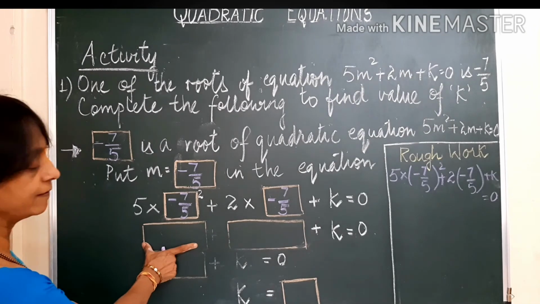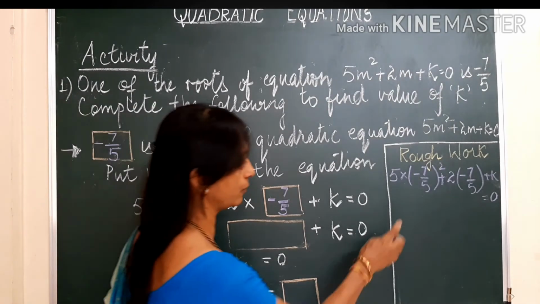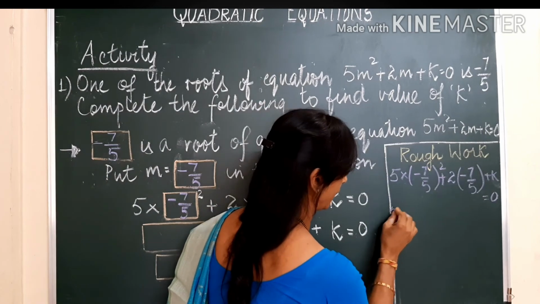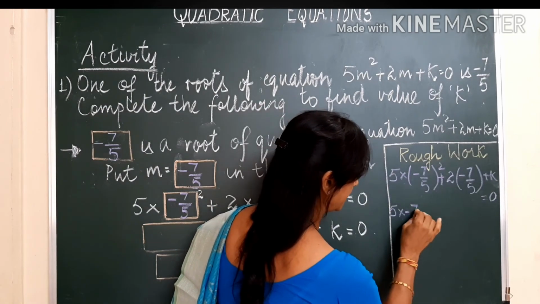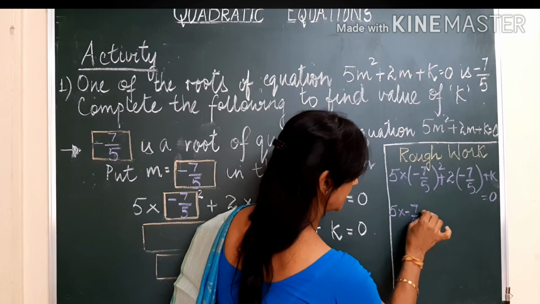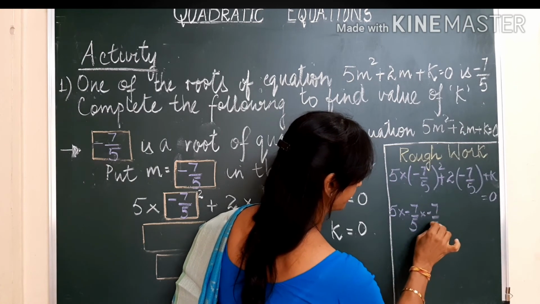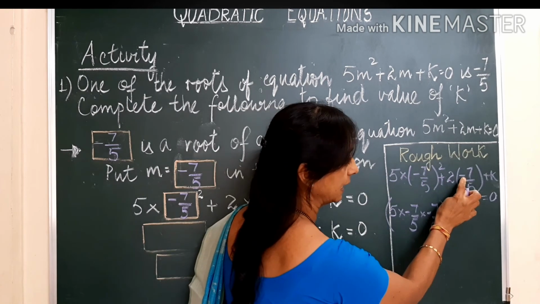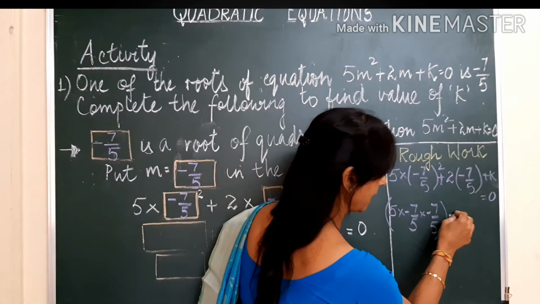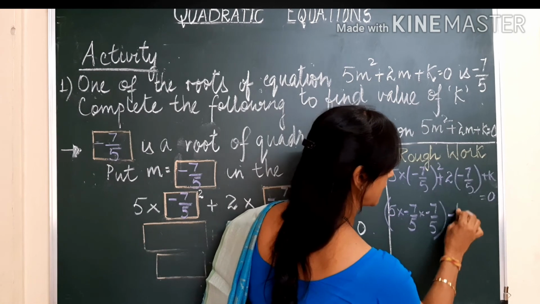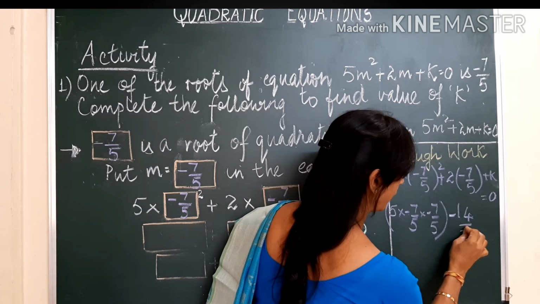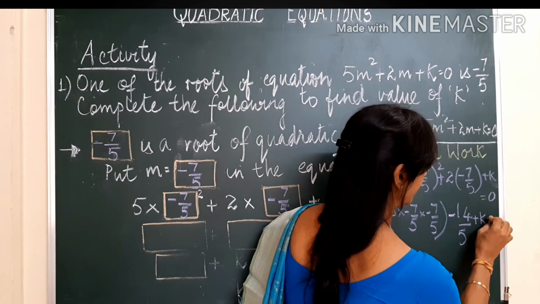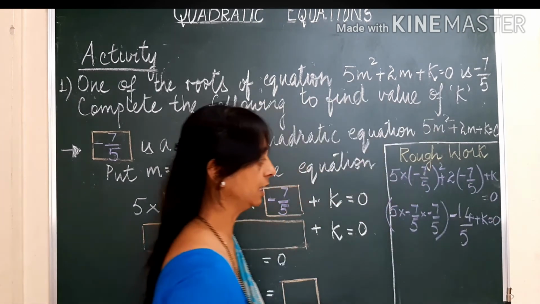So now let's solve and see what do we get over here for the first box. Minus 7 upon 5 into minus 7 upon 5. So over here, minus 7 upon 5 as it is square. This is the first term. Plus into minus is minus. 2 sevens are 14 upon 5 plus k, which is equal to 0.